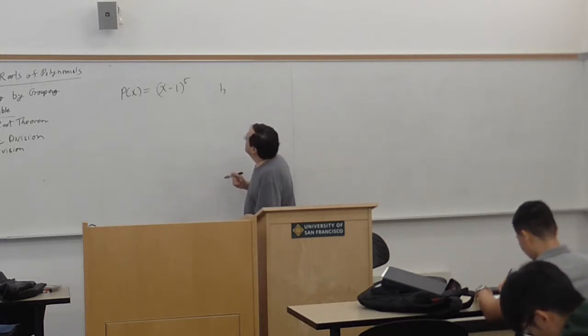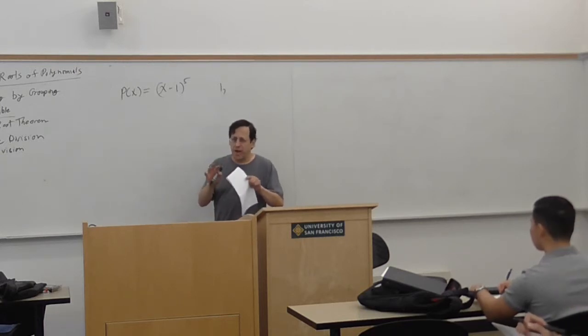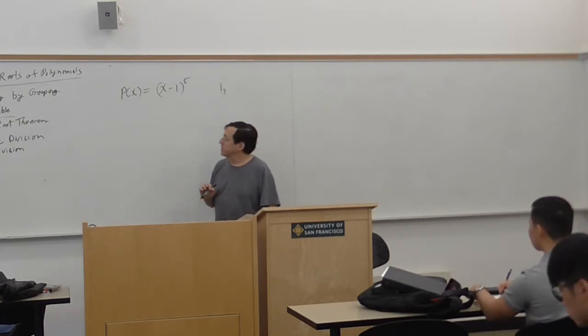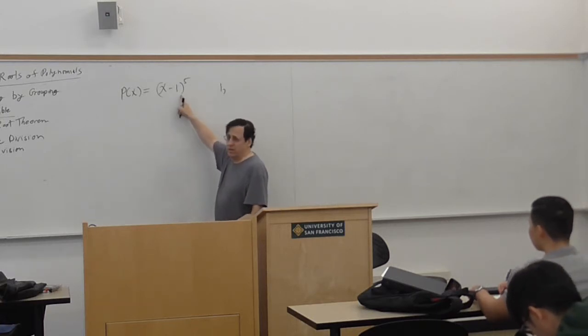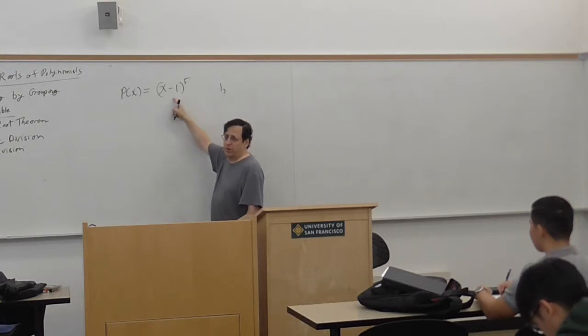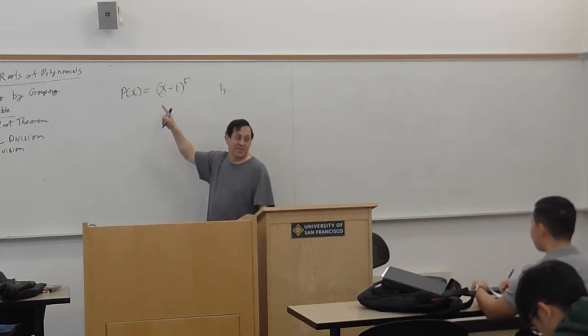Here we have to amend our complete factoring theorem. I know the factors of this. They're x minus 1, x minus 1, x minus 1. Can you tell me another one? This is a trick question.